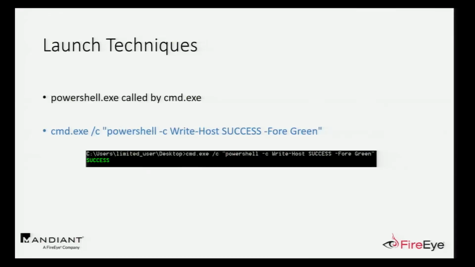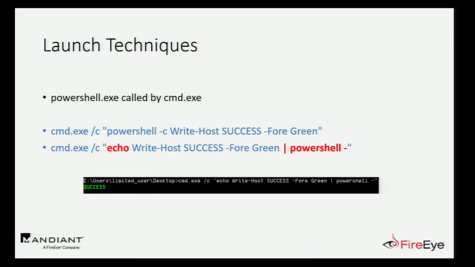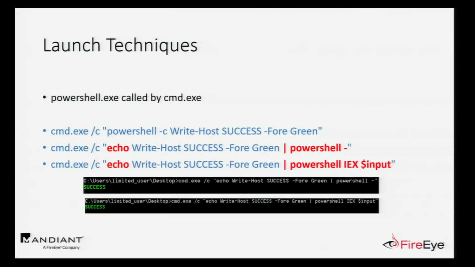What I'm talking about is convoluted ways to launch PowerShell.exe such that you're kind of abstracting or obscuring the arguments, and we'll see what that looks like. So typically we'd see what? cmd /c powershell, and then the rest of the command. So what if we echoed it into PowerShell and then ended it with a dash? Or what if we invoked the $input?